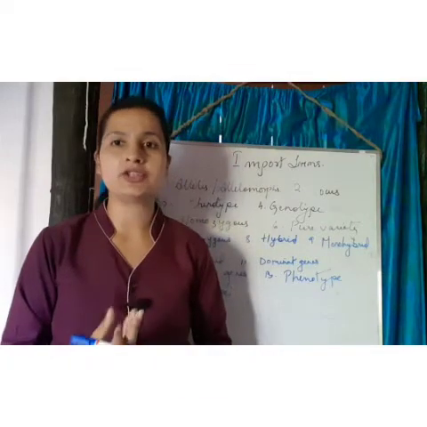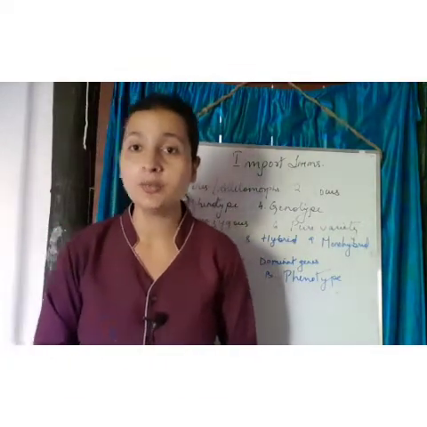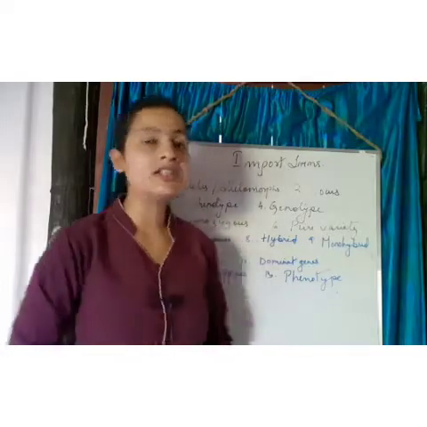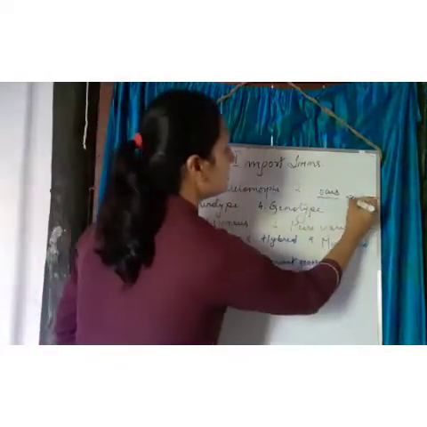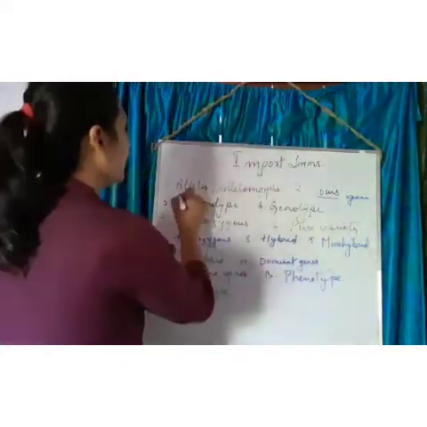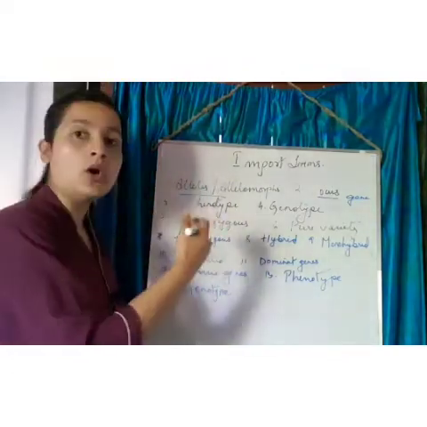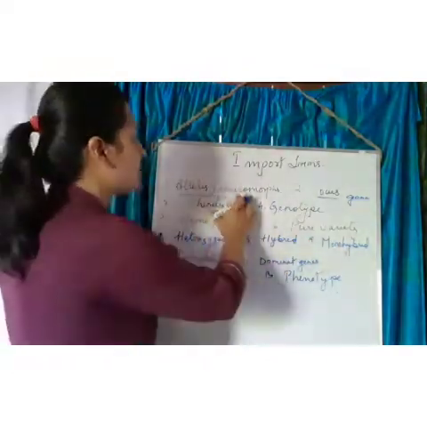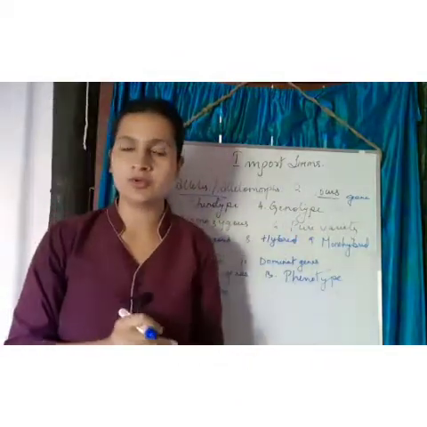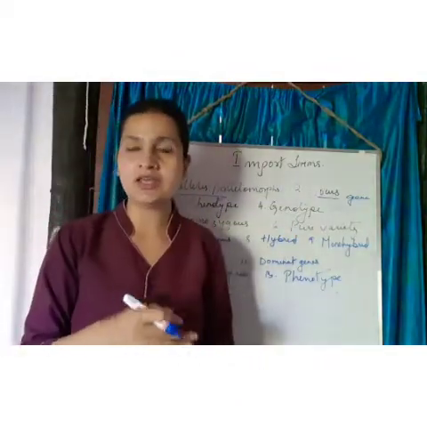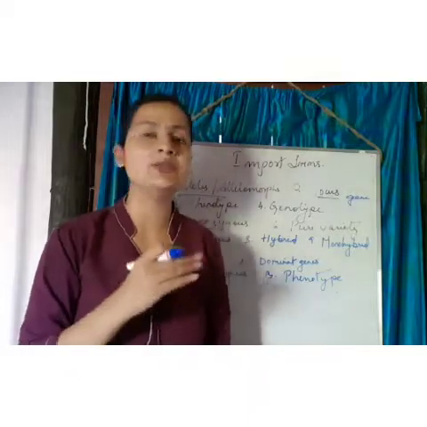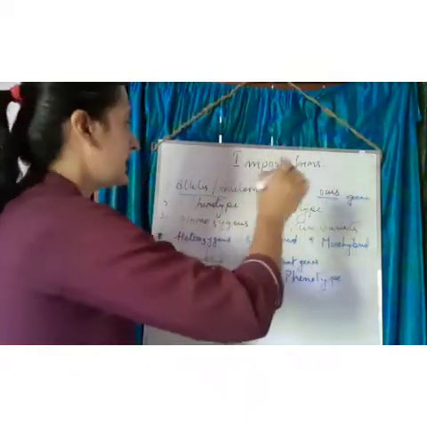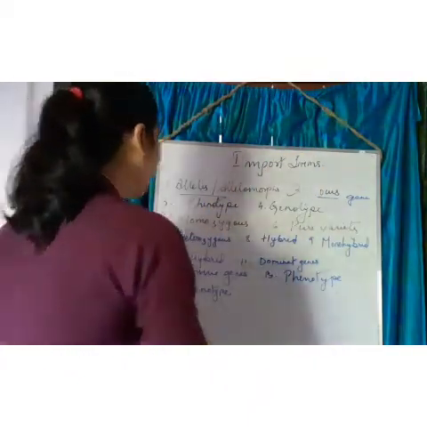Locus means the location or position on a chromosome in which the gene is located. Like I said, alleles or allelomorphs are alternate forms of a gene. Now this gene is located on a chromosome, and the position in which it is located is known as its locus. I hope this is clear to you.